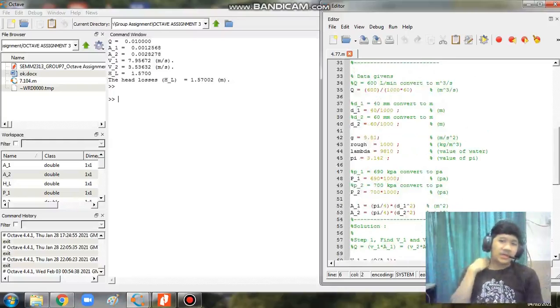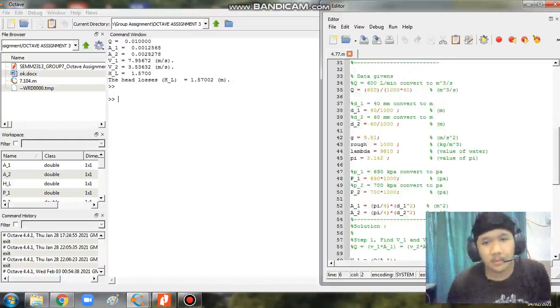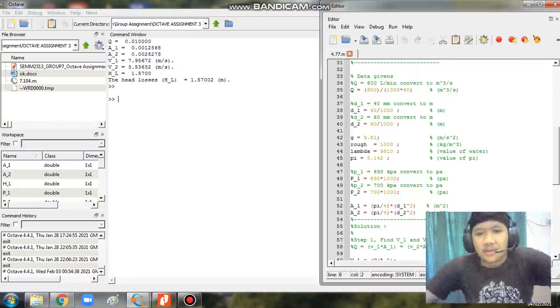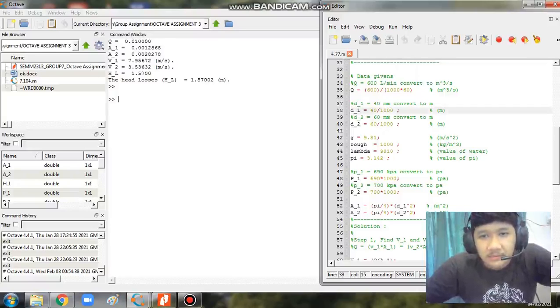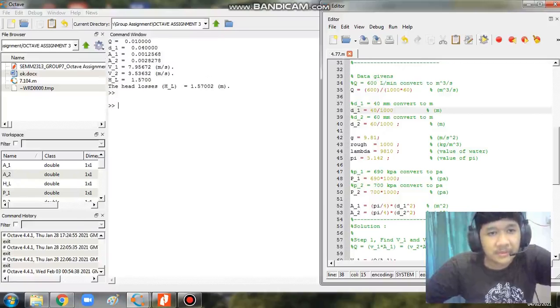In the data given I use what I just explained from the PDF. This symbol is used to not show the output in MATLAB. As you see, if we remove this symbol, you can see the D1.